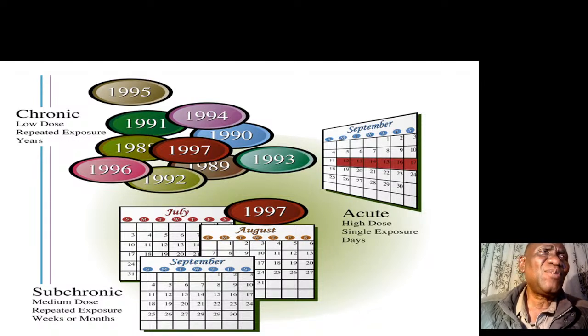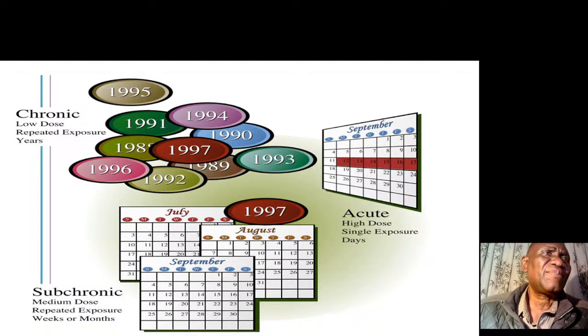Then there's something which we call subchronic toxicity. We could have repeated exposures to the pesticide over a bit of a long time. It could be months or weeks, not days. So that is subchronic.